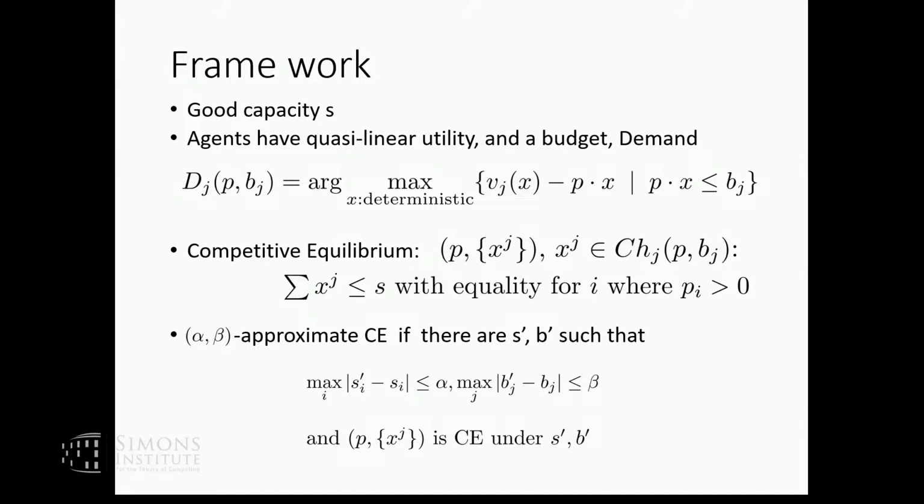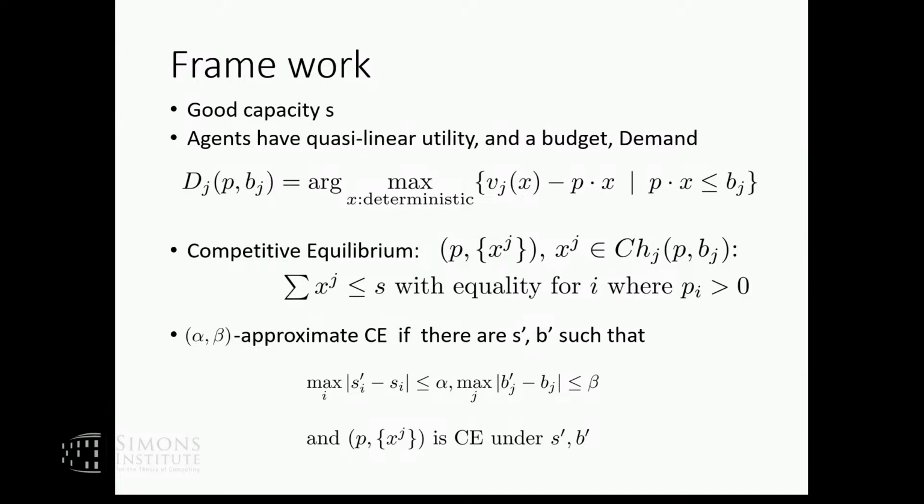But we can define some level of approximate competitive equilibrium. I call it an alpha-beta approximate equilibrium. If I can change the capacity to S prime and the budget to B prime, such that the absolute value of each change is at most alpha and beta, and under this new capacity and new budget I have a competitive equilibrium.